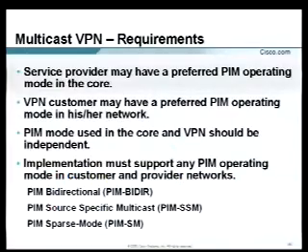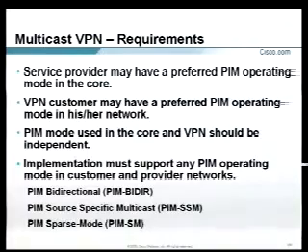And the service providers and the customers have come to us and said, whatever solution you come up with to make this better, instead of all these point-to-point tunnels, it needs to be a solution where the provider can use whatever PIM mode he wants, SSM, bidirectional PIM, or sparse mode, and the customer should be able to have their own mode as well. They need to be independent, not dependent upon one another. So we take that and make the implementation support any PIM operating mode in customer and provider networks.